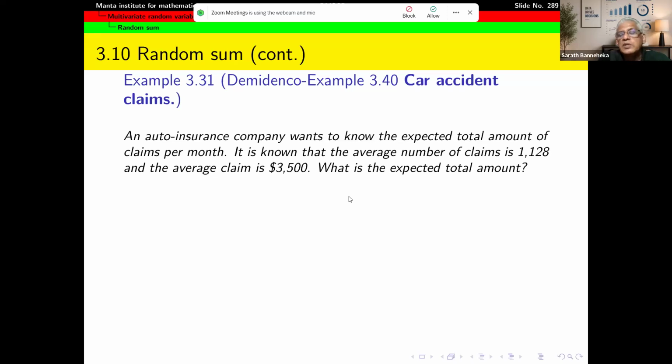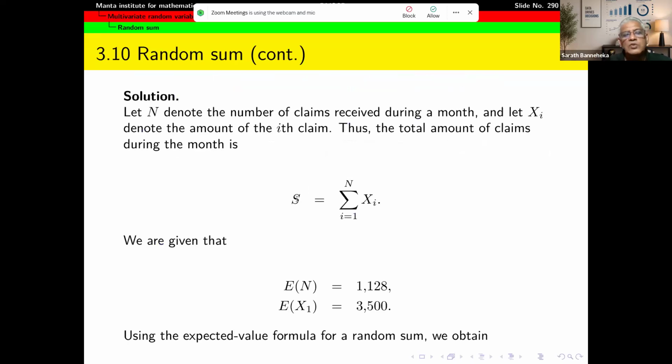What is the expected total amount? So this is a direct application of what we just considered. So suppose S is the total of a random number of claims, where Xi is the amount of the ith claim, and n is the number of claims received during a particular month.